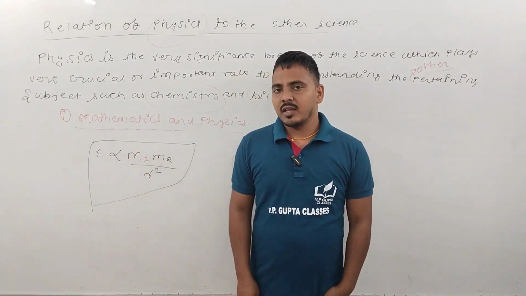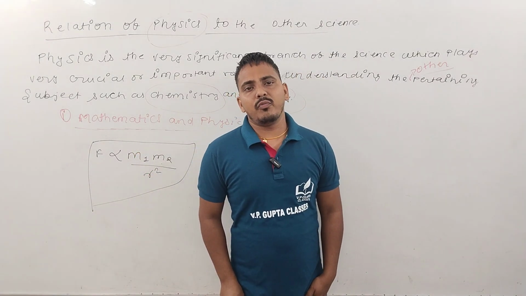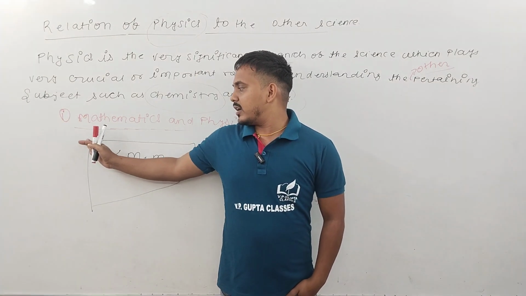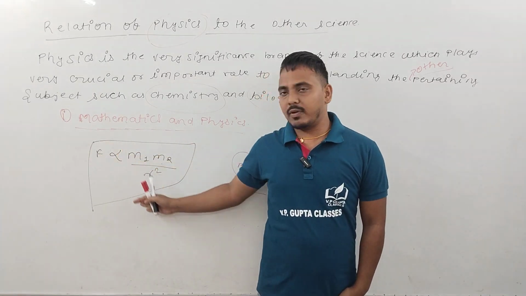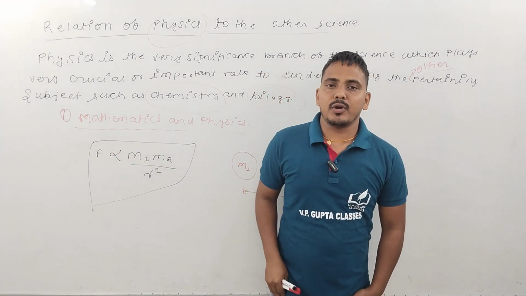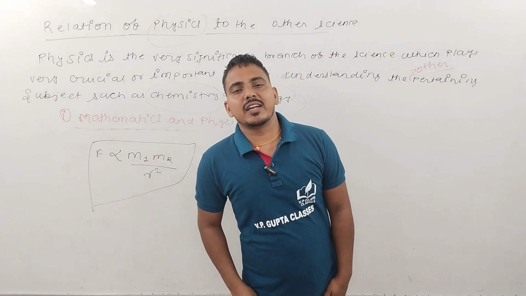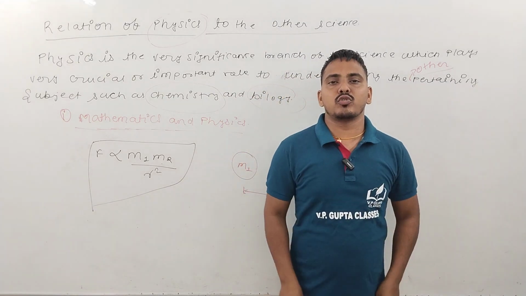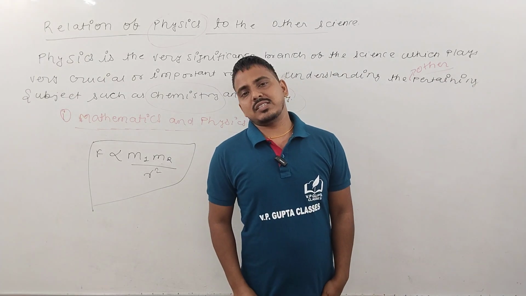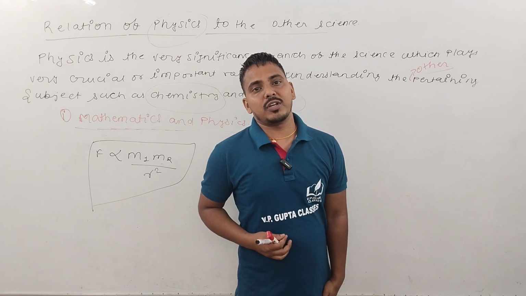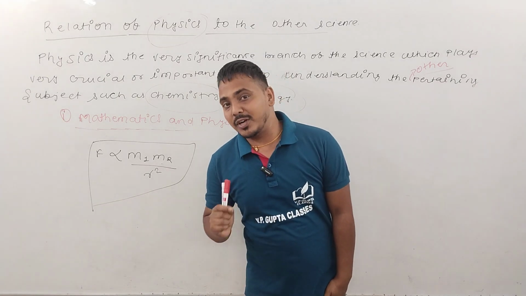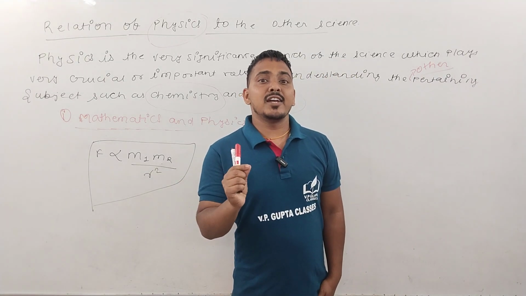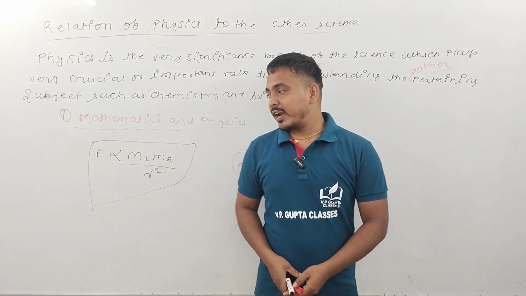As an example, in language we can say that the force of attraction between two masses is directly proportional to the product of their masses and inversely proportional to the square of the distance between them. This is too difficult to write.